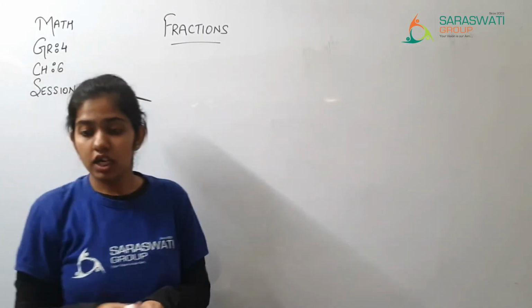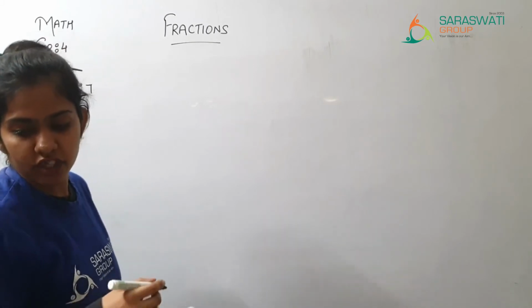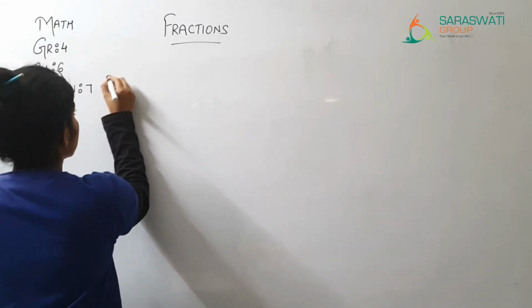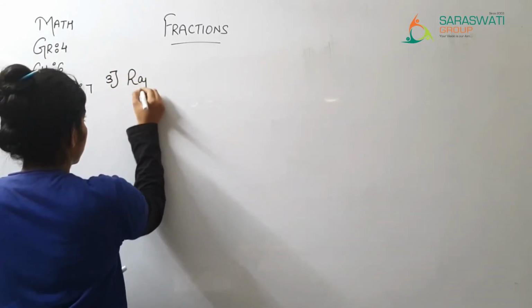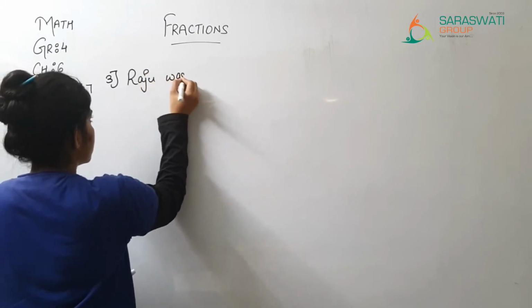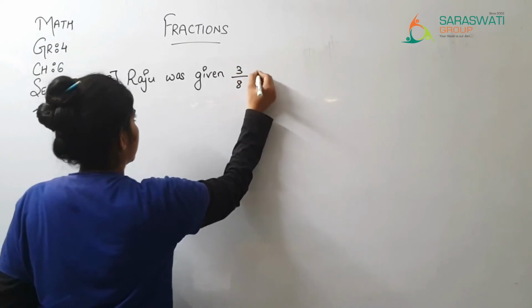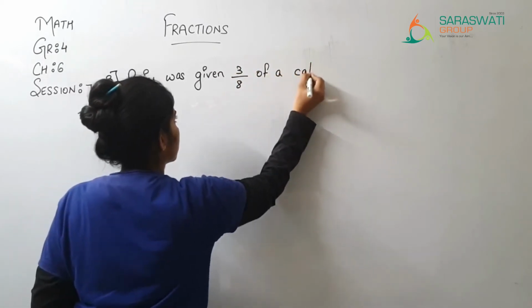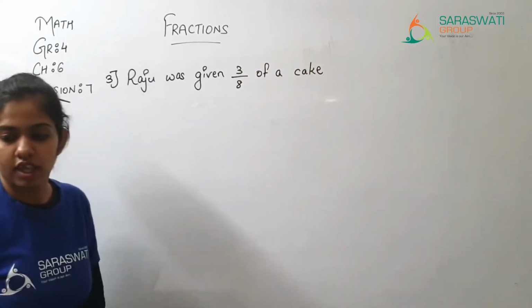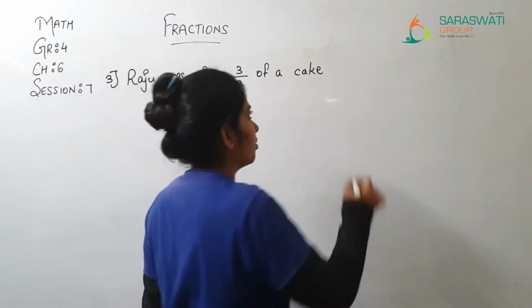Now, another question is, Raju was given 3/8 of a cake. And Meenu was given 1/8.